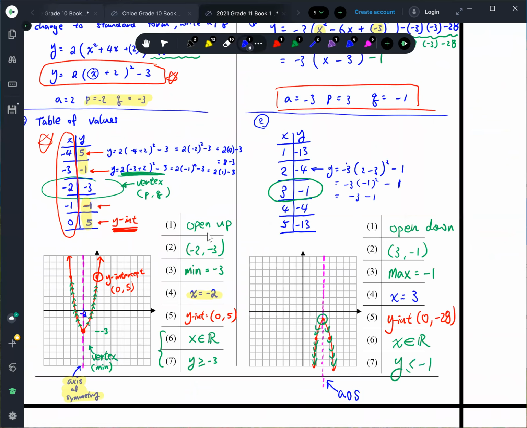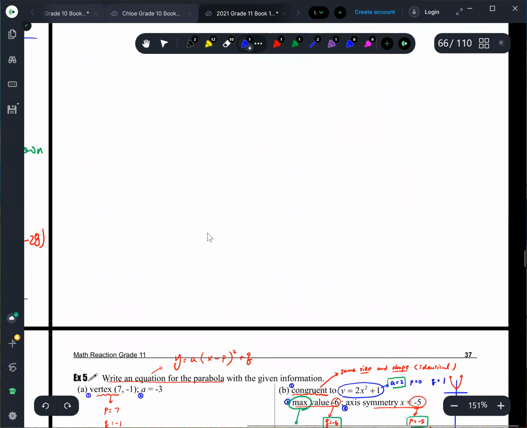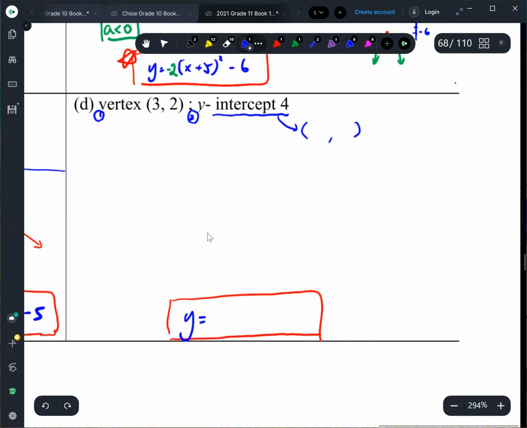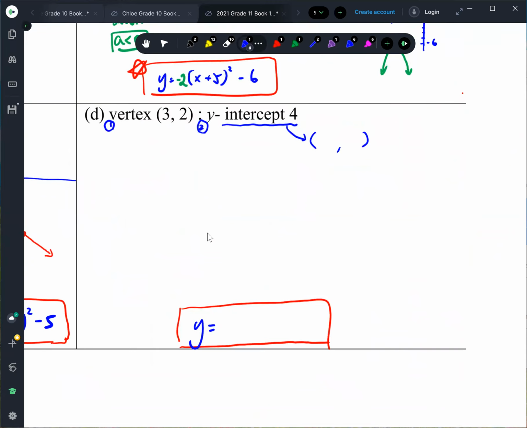The other one is 0, negative 28. Those are y-intercepts. Okay, please raise your hand if you got the equation.